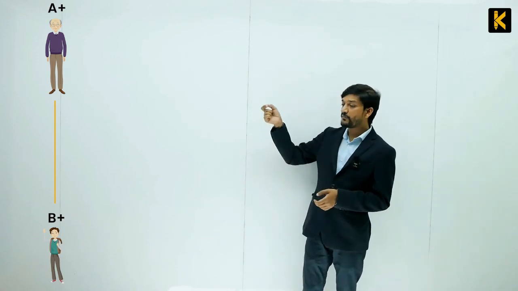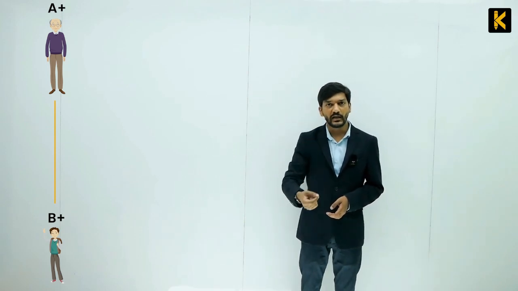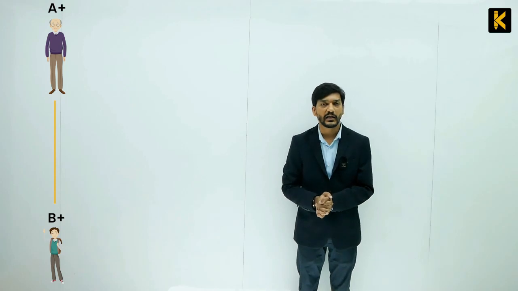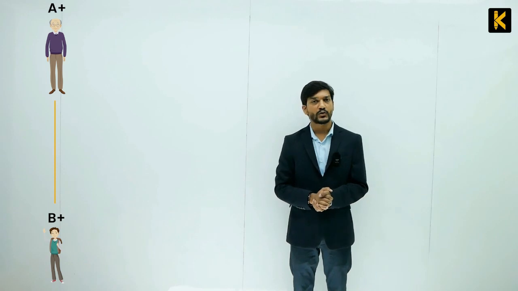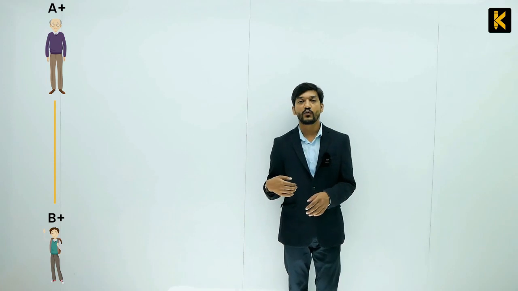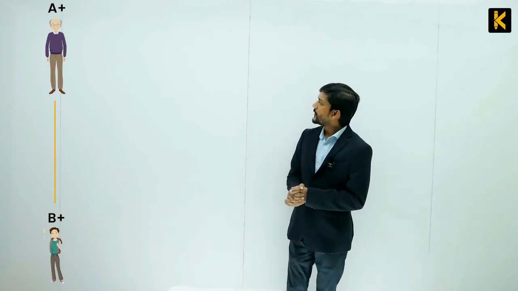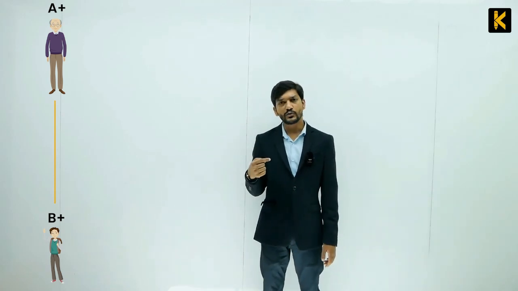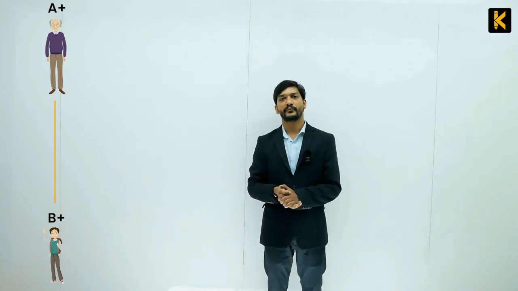If I take a big line instead of a short line, that big line will represent a two generation gap. So which two persons will have two generation gaps and share a close relation with each other?